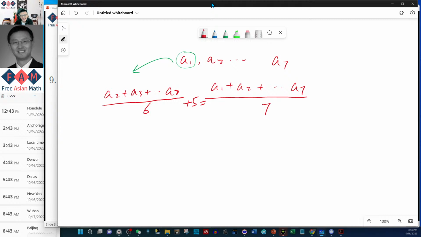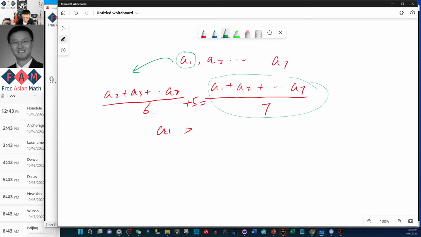So this one is larger than the original average. Otherwise, the new average should not go down. It should either go up, or at most stay flat if the removed one is exactly the original average. So now we know A1 should be larger than this guy.